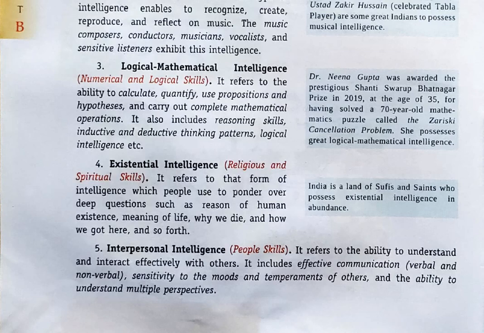Fifth one is very important, that is interpersonal intelligence, or it can be termed as people skills. So if you have the ability to interact with other people efficiently, that includes effective communication that we have already discussed in part A, and sensitivity to the moods and temperament of others, and you have the ability to understand multiple perspectives of communication, then it is called interpersonal skills.